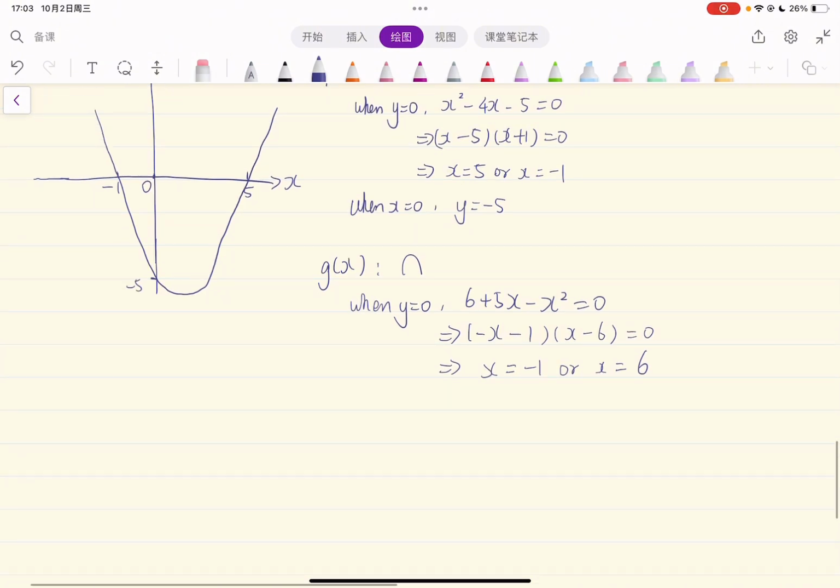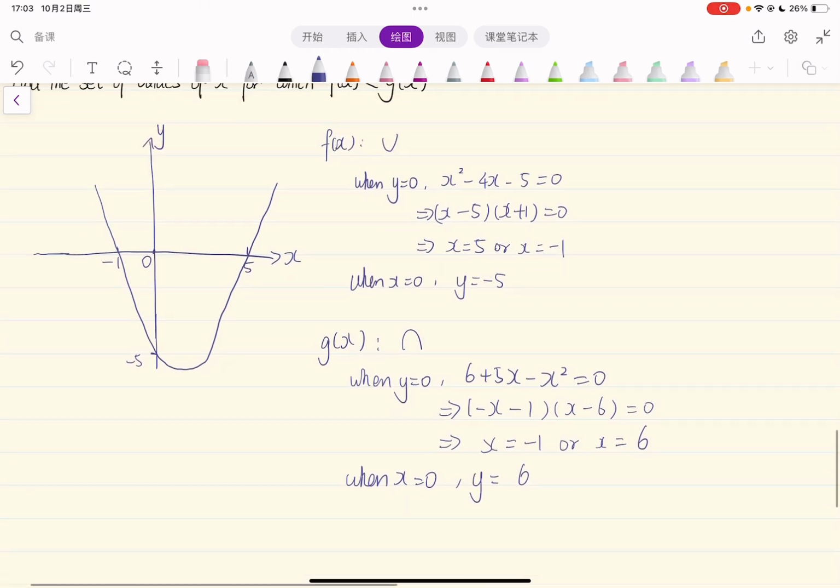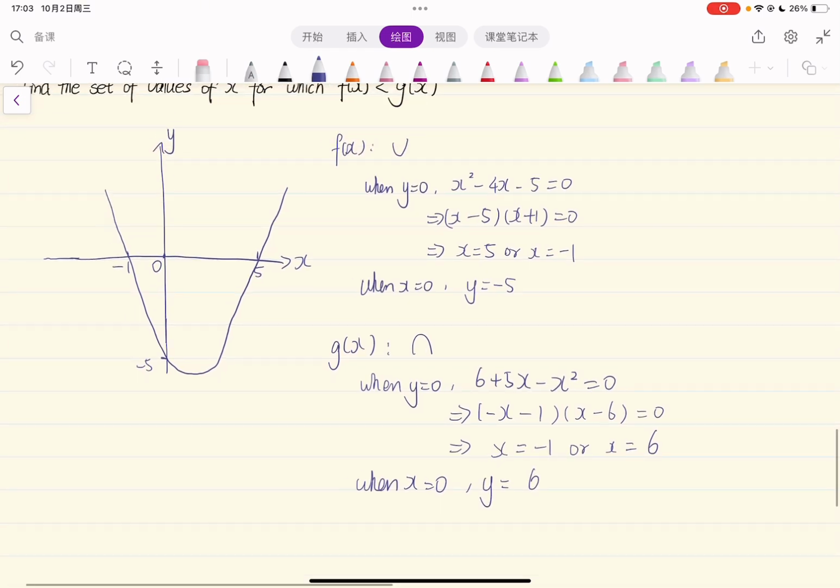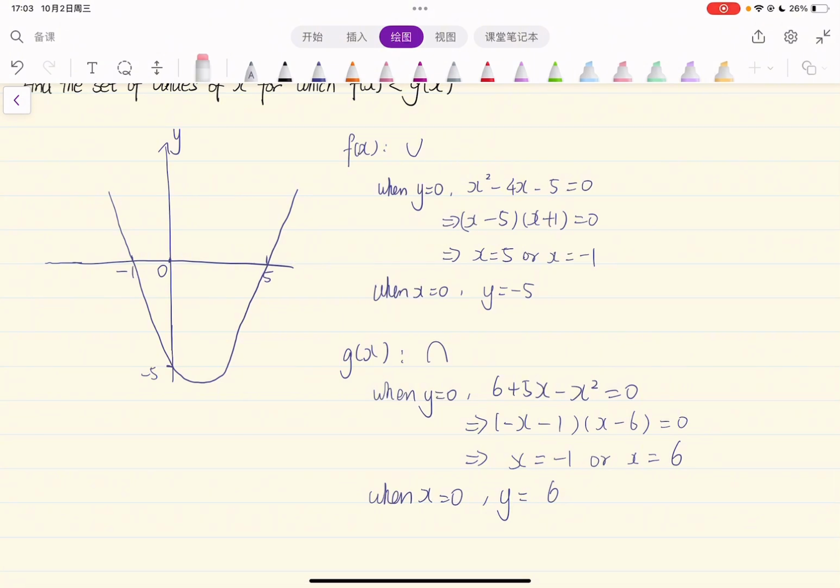And when x equals 0, y equals 6. So maybe let this be longer. Maybe here is 6, and the y-axis also longer.